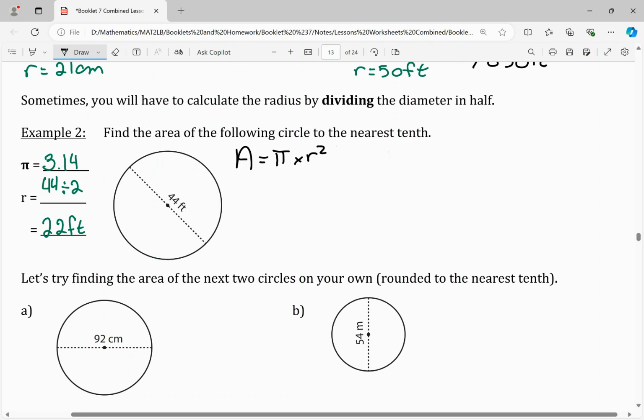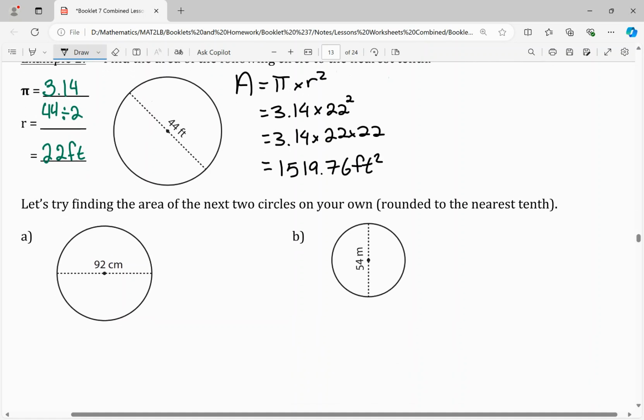Area equals pi times r squared equals 3.14 times 22 squared, or 3.14 times 22 times 22. That gives us an area of 1,519.76 feet squared.